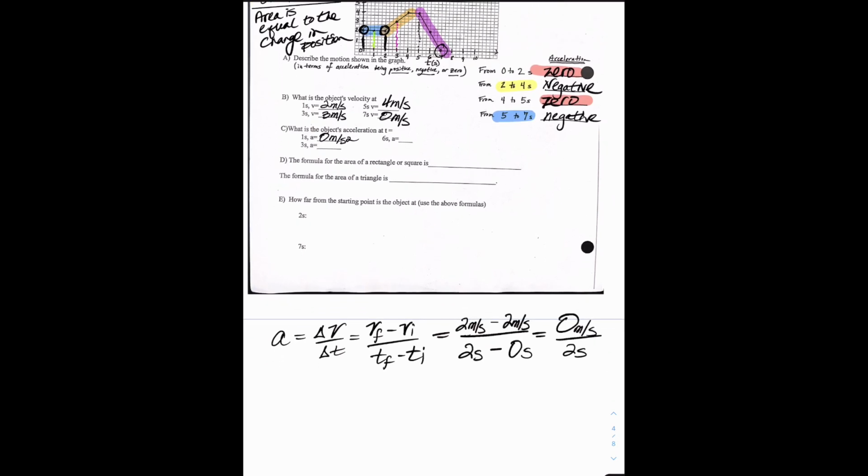If you have a 0 on the bottom of your fraction, you're in trouble, because then it's undefined. So 0 divided by 2 is just 0 meters per second squared. So there is the acceleration at 1 second. I'll just make a little note there, at 1 second.